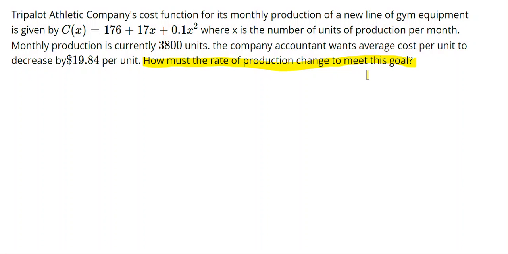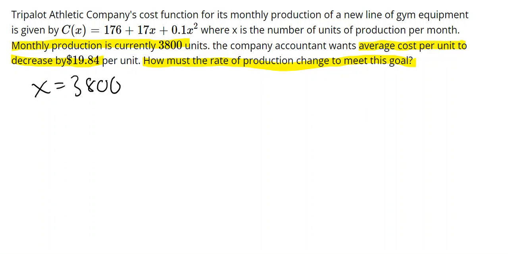So the first step with a related rate problem is always to identify what we know. And so what we know is, first of all, monthly production, which is the variable x, is 3,800. So I'm going to write down x equals 3,800. We also know that we want the average cost per unit to decrease by 19.84.